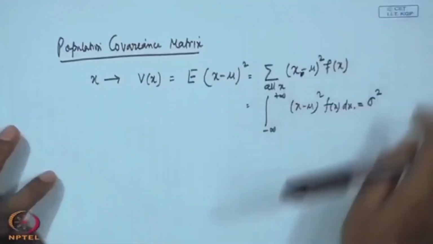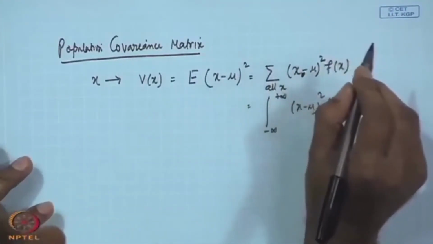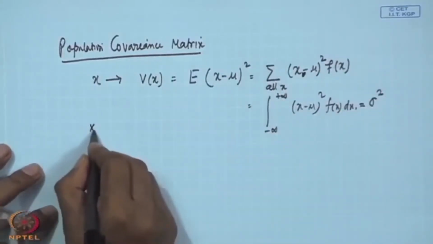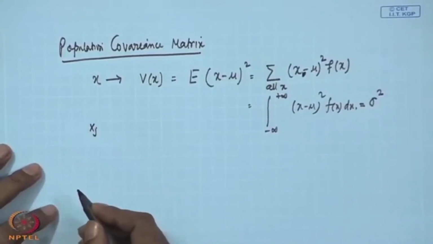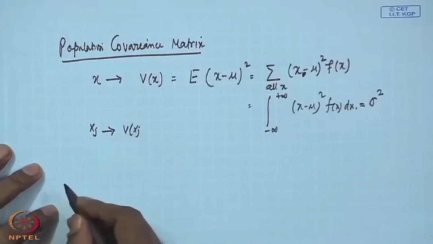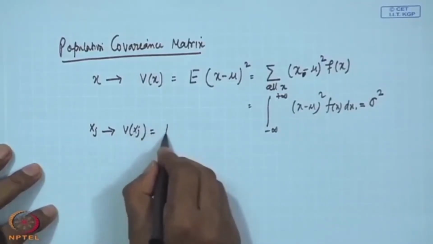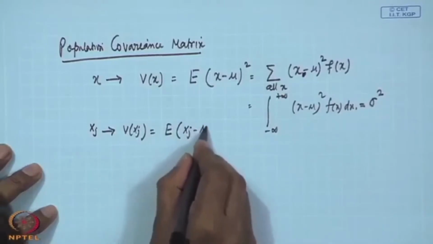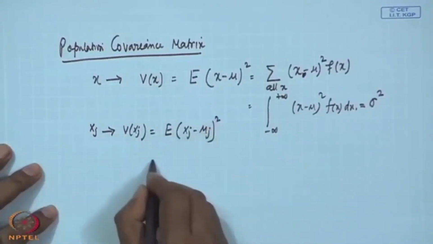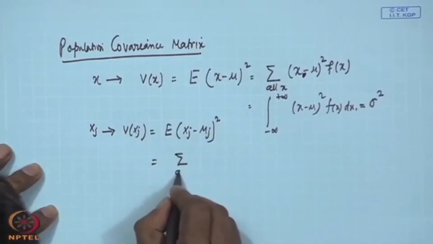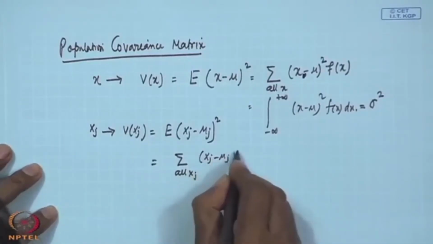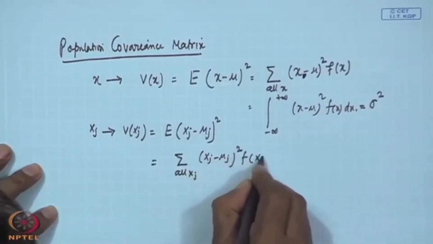Now I will do a simple alteration. Instead of x, I will write x_j. That means I want to know the variance of x_j. Then you will write x_j minus mu_j, only j will be added everywhere. You will write the sum total over all x_j of (x_j minus mu_j) square f(x_j).